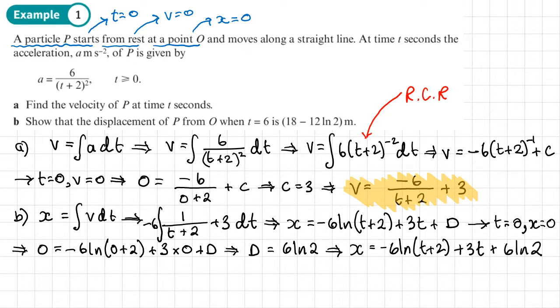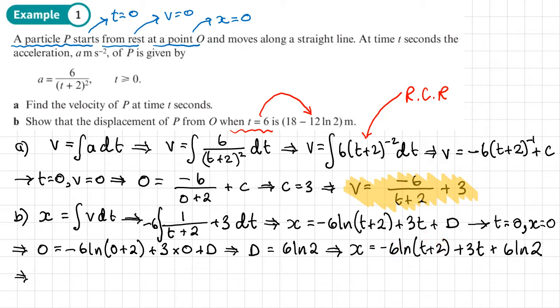Right, so if we move on to the part where we now substitute in t equals 6, and we want to show that we get this, what might be a good idea is maybe simplify this a bit before we substitute the number in. It doesn't make any odds, we can substitute the number in first, but I'm just going to tidy up a bit because I noticed that I've got 2 logs here which can go together, so we could think of 6 log 2 minus 6 log t plus 2.